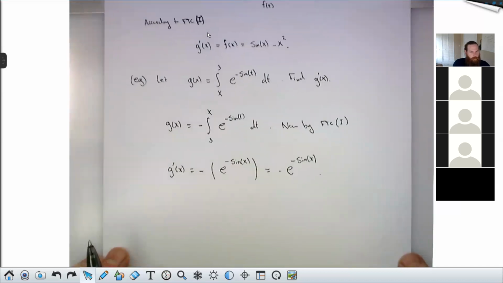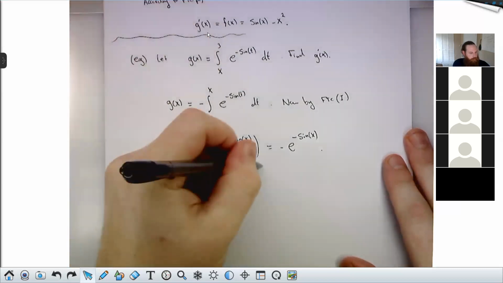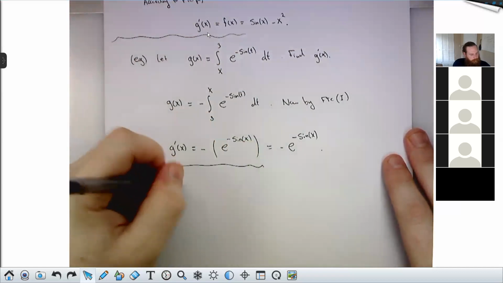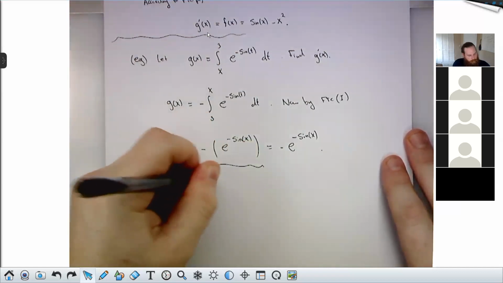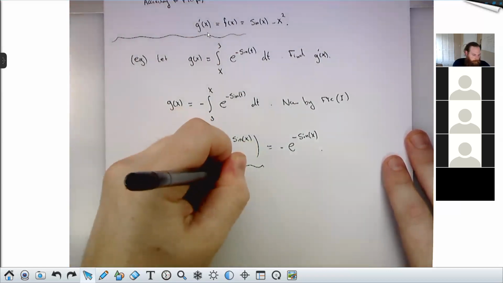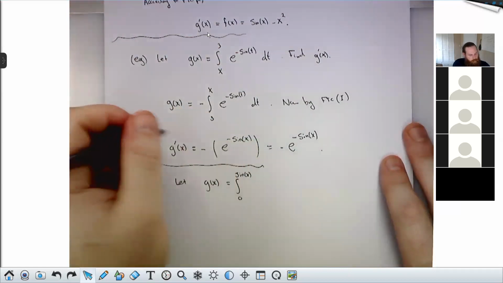Let's do one with the chain rule. Let's have g of x be the integral from 0 to sine of x. And then inside here, what do we want?